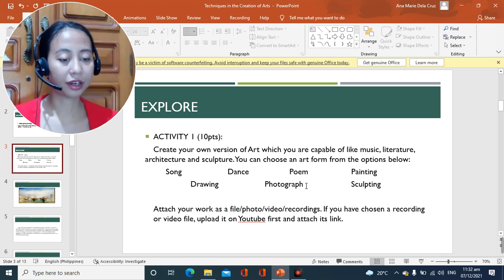You can choose an art form from the options below, like song, dance, poem, painting, drawing, photograph, or sculpting. You can send a document, a file, a photo, video, or recordings.